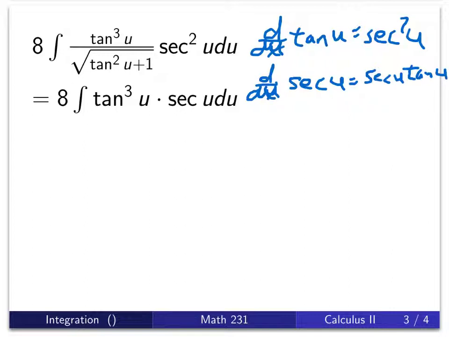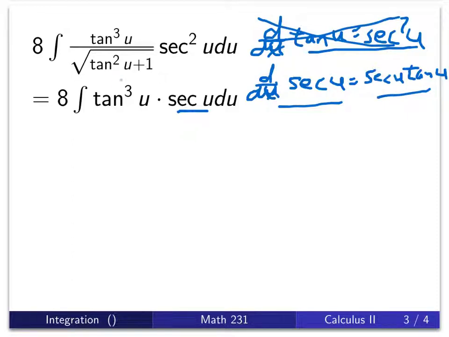We're going to try to use one of these to our advantage in evaluating this integral. If I wanted to use the first, I would need to have a secant squared. That's not going to happen because I only have the secant, so that one is out. This is the one we want to try to use.